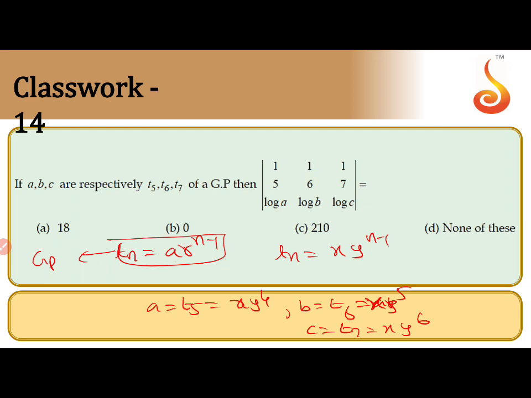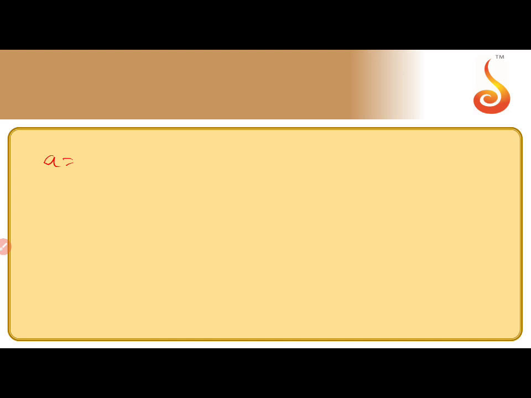We get the values of a, b, c in terms of the general term. Later you can solve the question. I hope this is clear. I will explain the next page properly. So a is x y power 4, b is x y power 5, c is x y power 6.